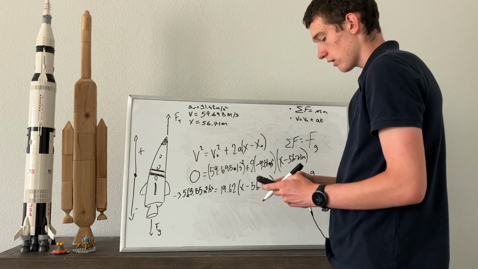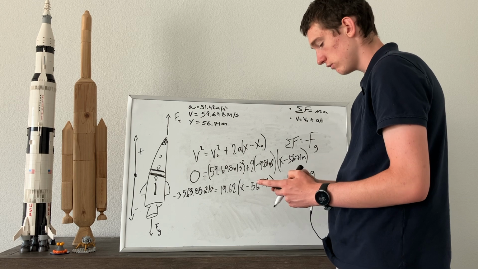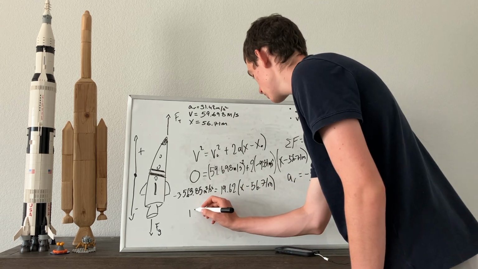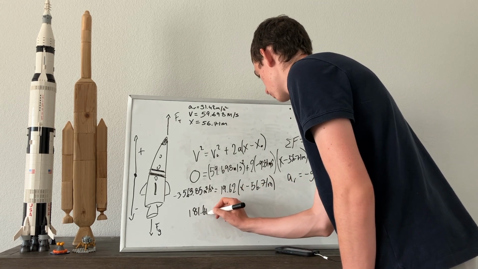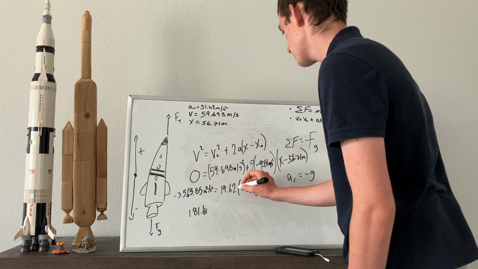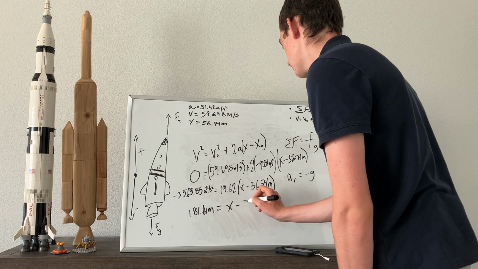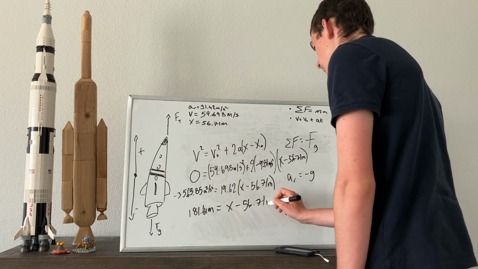So negative 3,563.85 divided by 19.62 gives us 181.64 meters. This is meters per second squared, so that will give us meters, is equal to x minus 56.71 meters.